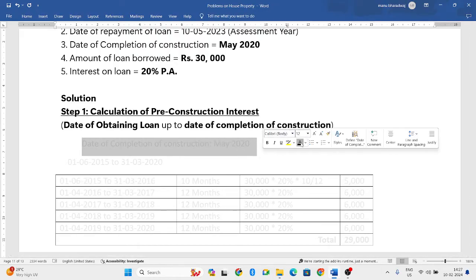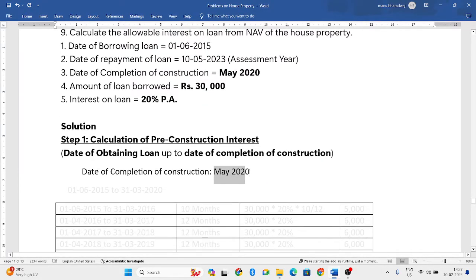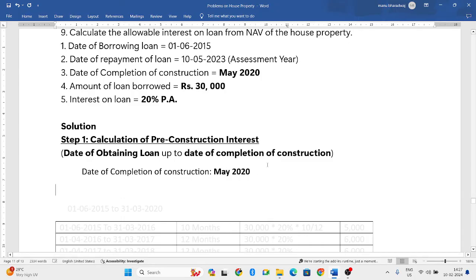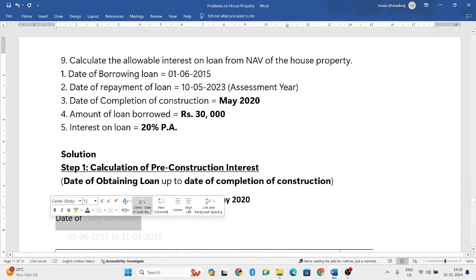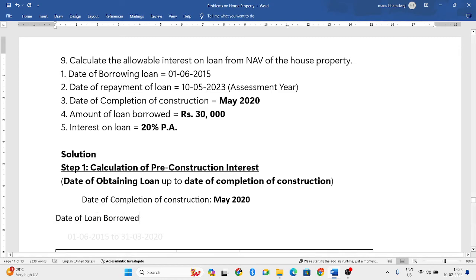Now, the date of completion is given in the question. You have completed the construction of your house in May 2020. Next, the date of loan taken: you have taken the loan on 1/6/2015.